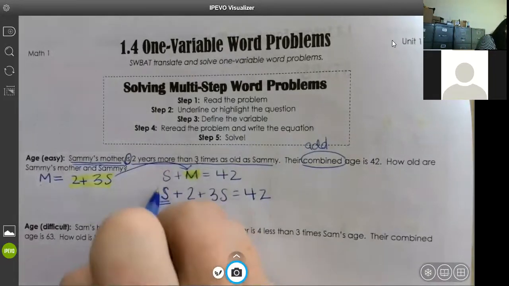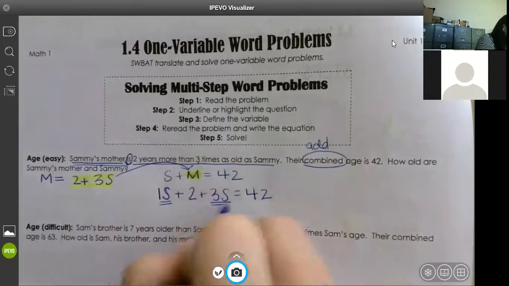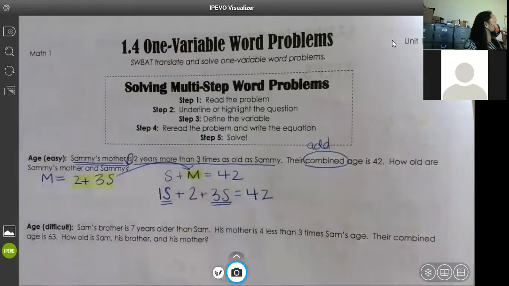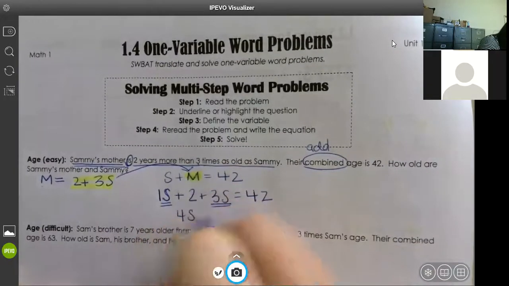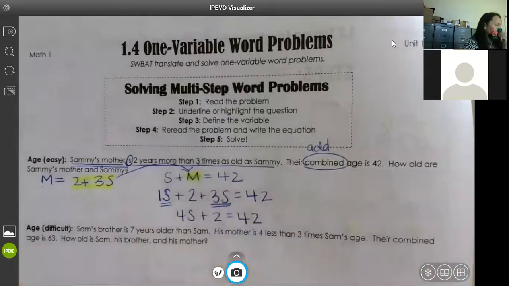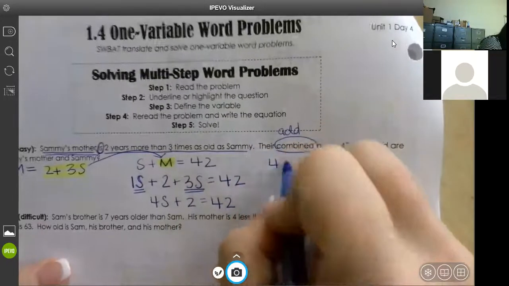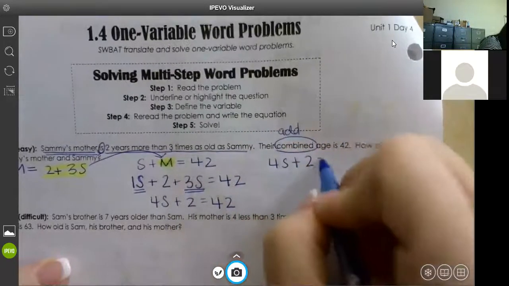So we have 1S, if you need to put the 1 there to remember that, that's fine, plus 3S. 1S plus 3S is 4S. Then we have a plus 2 equals 42. I'm going to rewrite this because I'm running out of room. So 4S plus 2 equals 42.